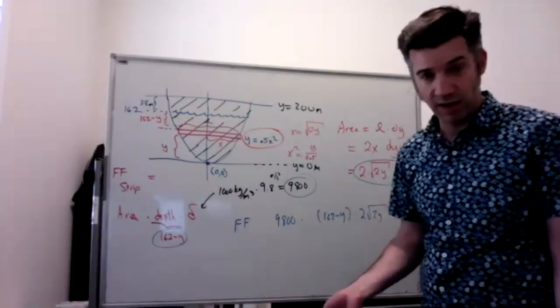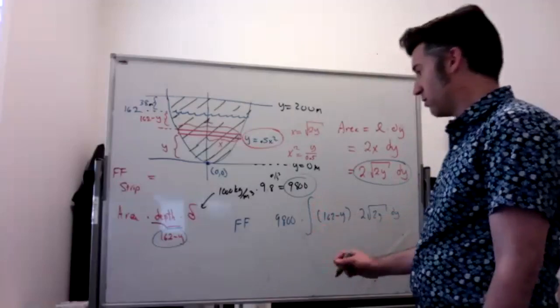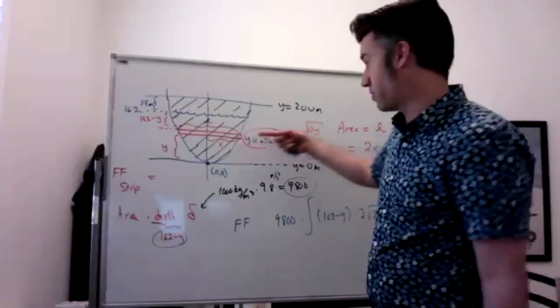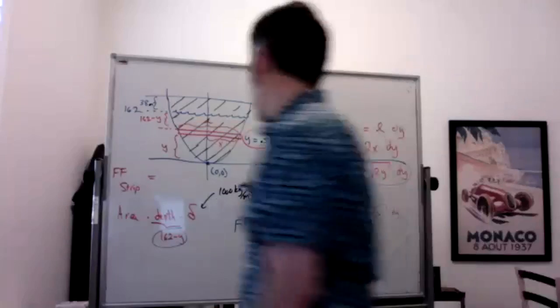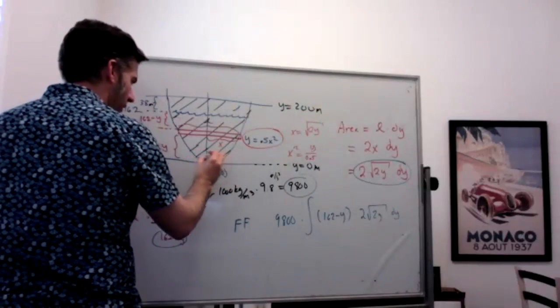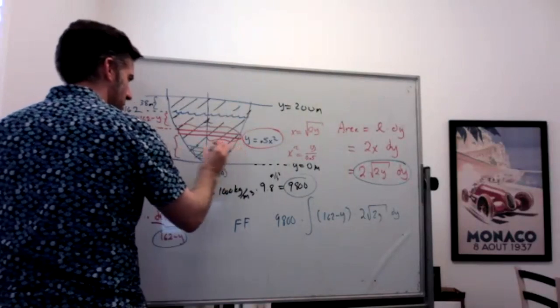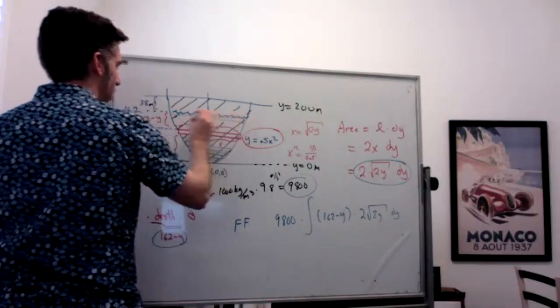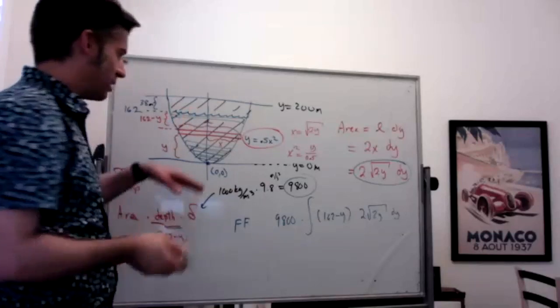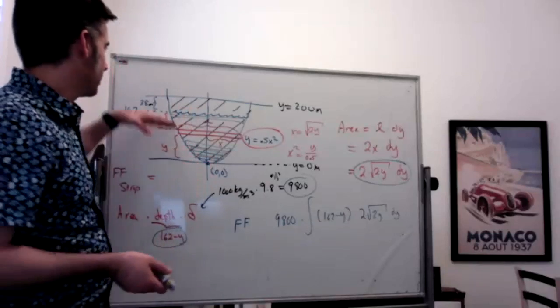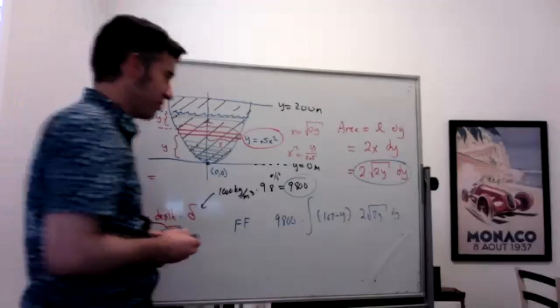And then we have to integrate, because that's just the fluid force on this strip, and I want the fluid force on all of the strips, all the way up to the top. So I want the fluid force on all the strips as low as y equals 0 and as high as y equals 162.